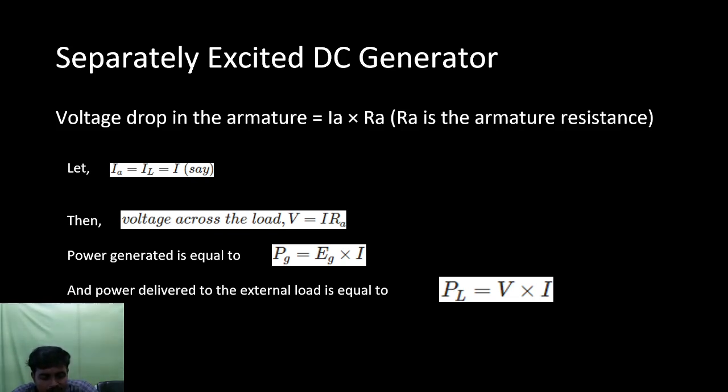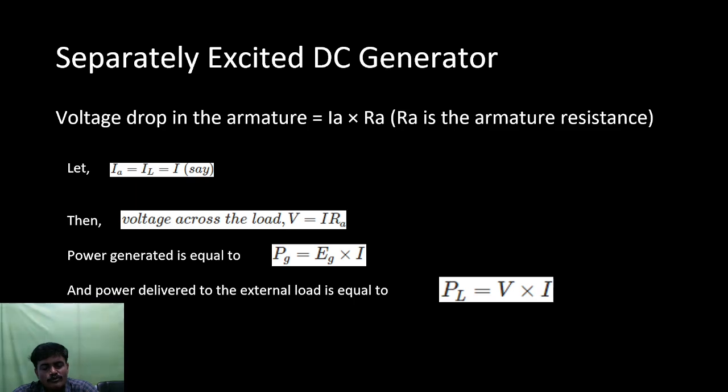Then how can we find the remaining values? For that separately excited DC generator, the voltage across the load is nothing but I into RL. Normally, in order to get a voltage value, we always use the current flowing through that particular device and the resistance of that device.